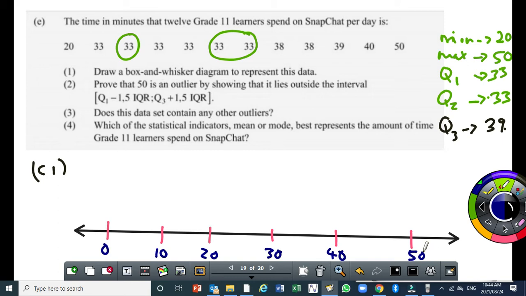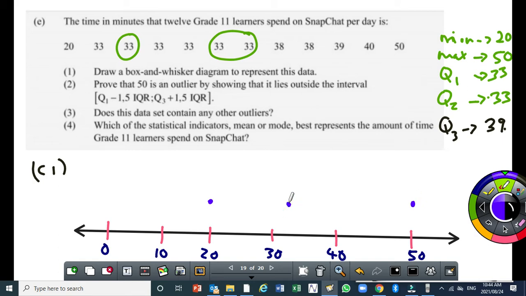So our minimum is 20. So minimum is going to be here. Right, maximum is 50, which will be somewhere here. And then I've got my Q1, that's 33, that will be probably somewhere there.